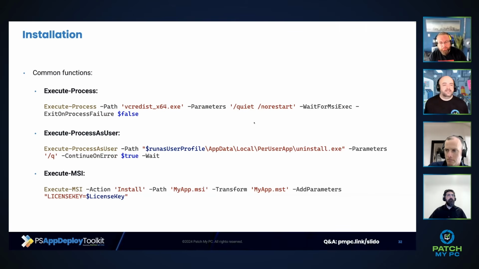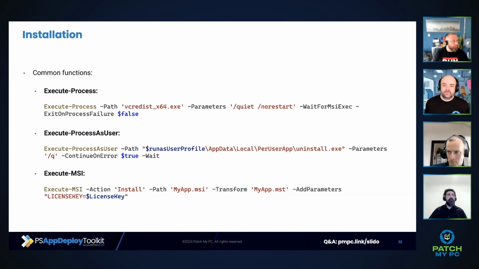Some typical functions here for installing stuff. Execute process is if you want to install an executable. You can give it the parameters. I'll just call out a couple of the other switches that we're adding to this command example here. Wait for MSI exec. So with this VC-Redist executable, it actually has an MSI inside it, which it executes.